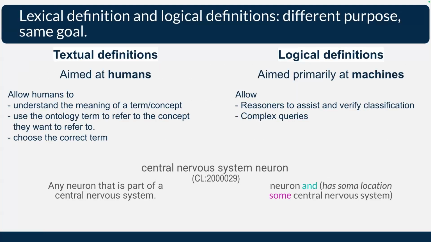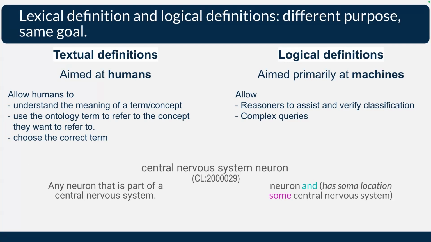let's look at definition. I'm not finished there. In ontology, we have two different kinds of definition: the textual definitions and the logical definitions. The textual definition is really aimed at humans. So it is written in human language, i.e., words with a grammar, and it really helps humans understand what the concept of a term means.